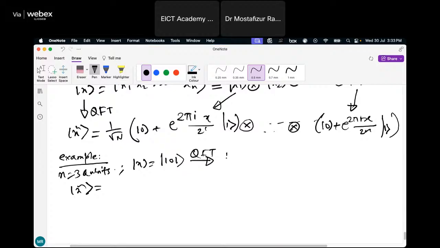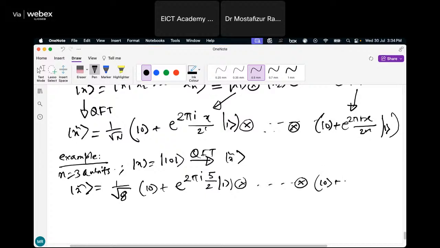Suppose you apply QFT, so it becomes this: 1 upon square root 8, |0> plus e to the power 2 pi i 5 by 2 |1>, tensor product, and so on. The last term will be |0> plus e to the power 2 pi i 5 by 8, which is the phase factor here, |1>, right?